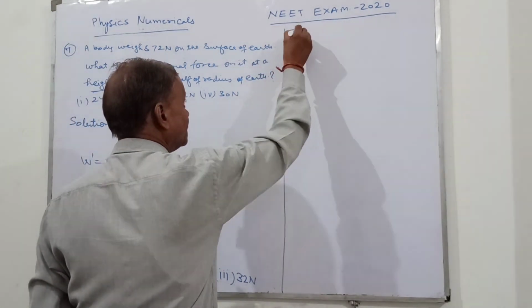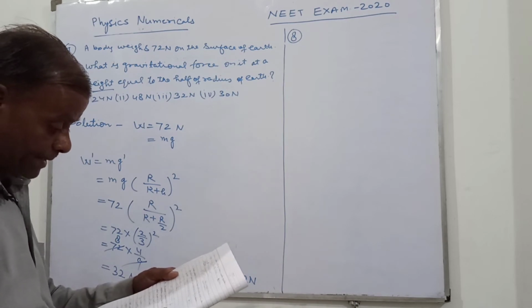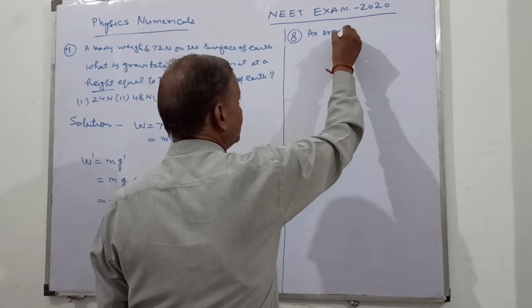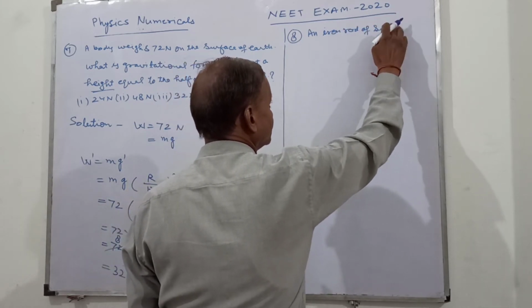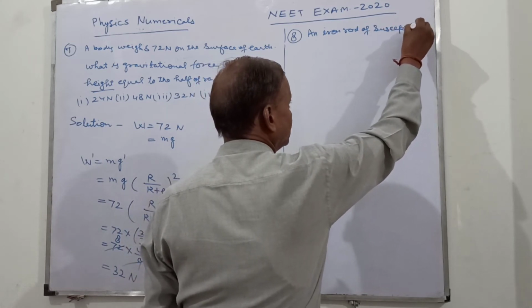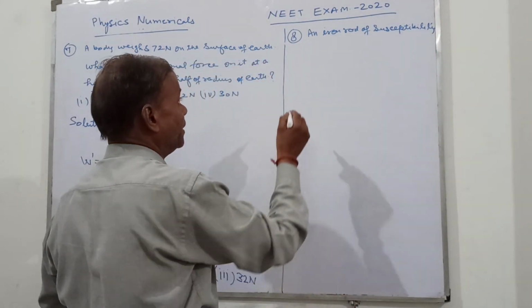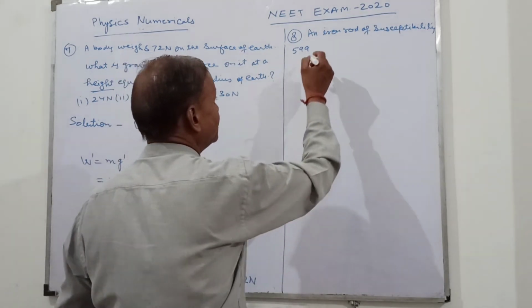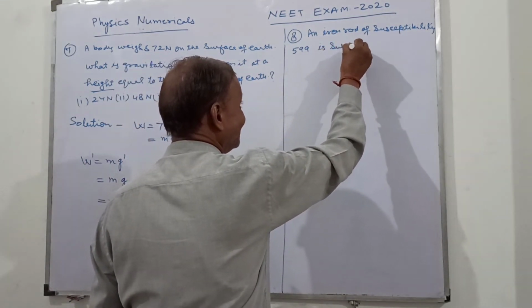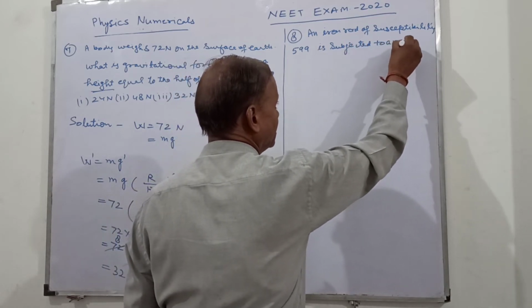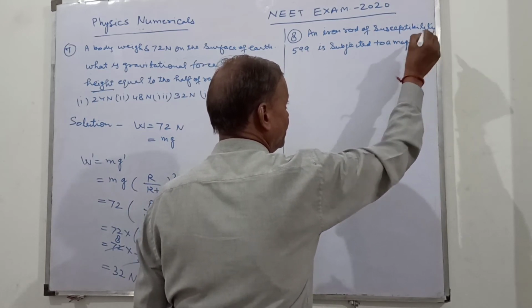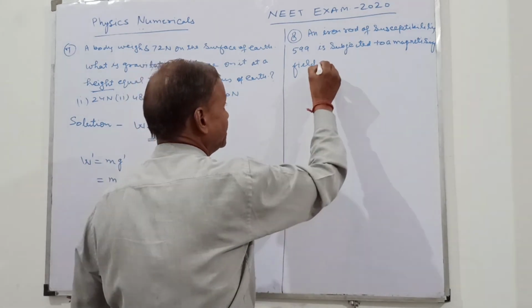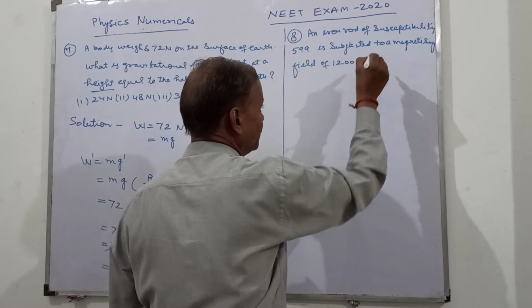Now eighth question. An iron rod of susceptibility 599 is subjected to a magnetizing field of 1200 ampere per meter.